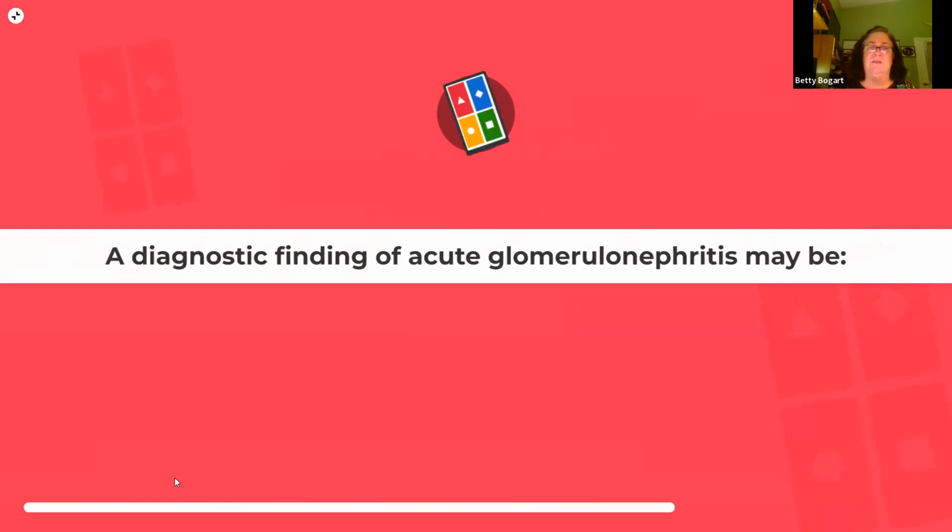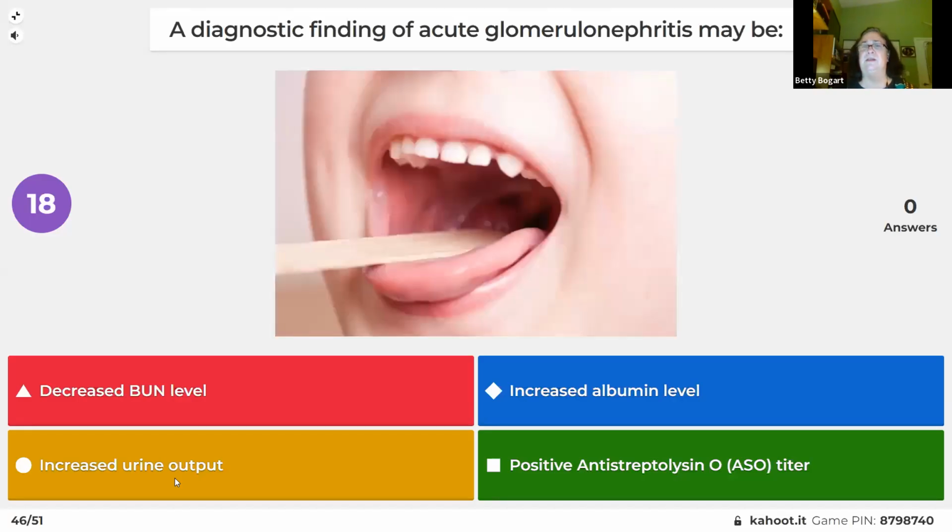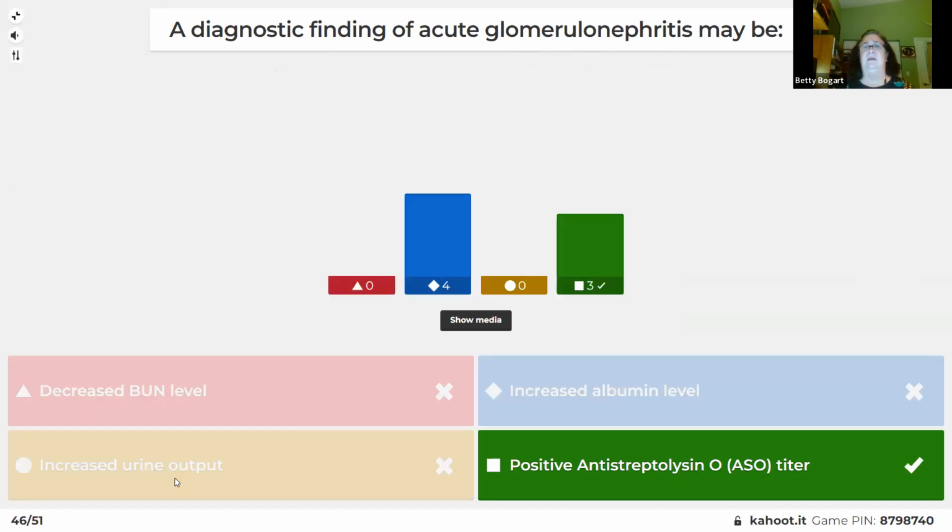A diagnostic finding of acute glomerulonephritis may be. I'm asking this question in a different way. Let's see who gets it. Does it matter? Rheumatic fever, acute glomerulonephritis, they're both caused by the same thing.